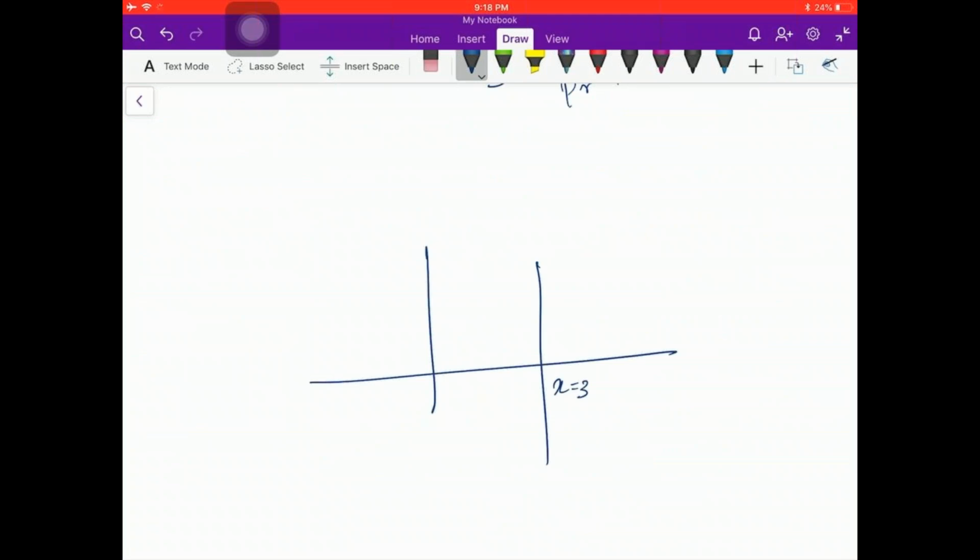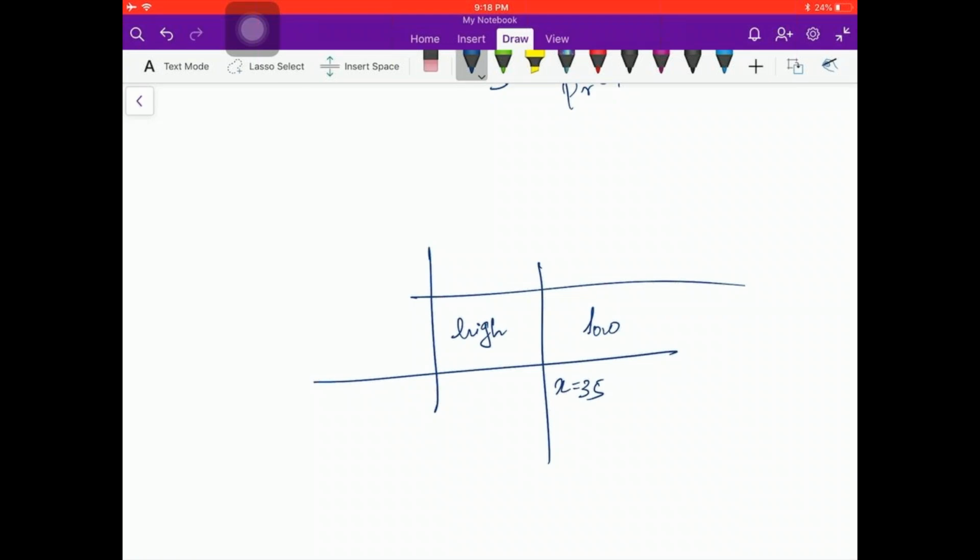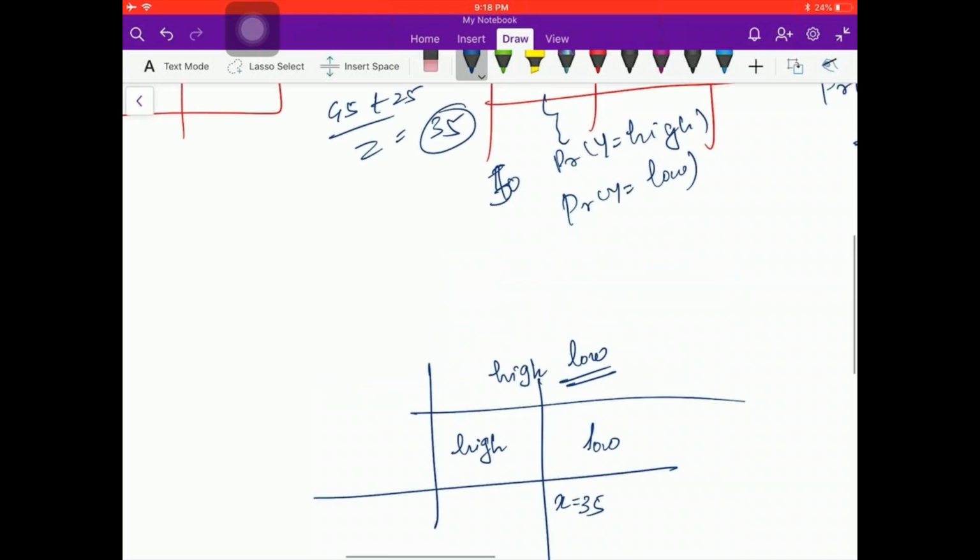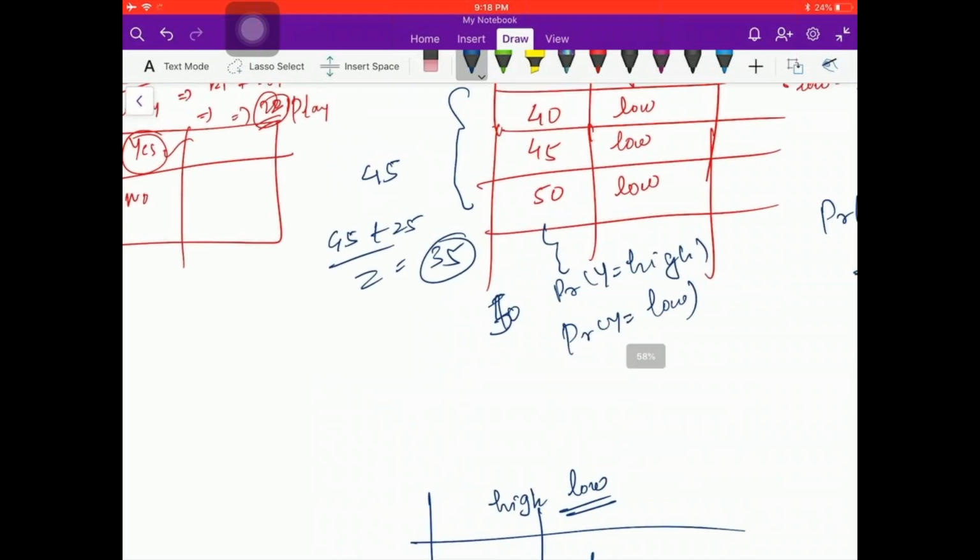So x equal to 35, whatever falls beyond this is low, and whatever falls beyond this is high. For example, if you have two dimensions, then your boundary will be like this. So whatever falls beyond this is high, and this is low. Right now you have only one dimension.